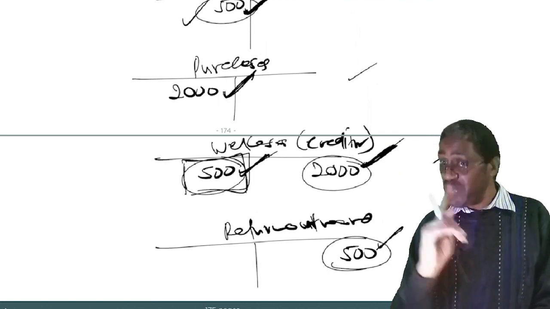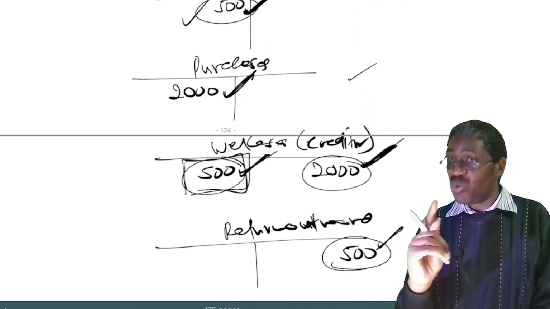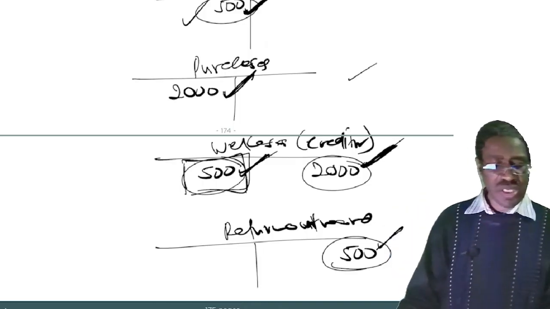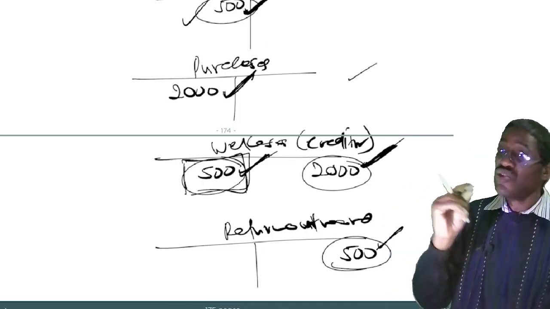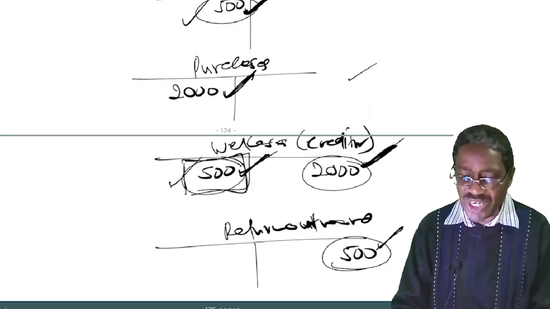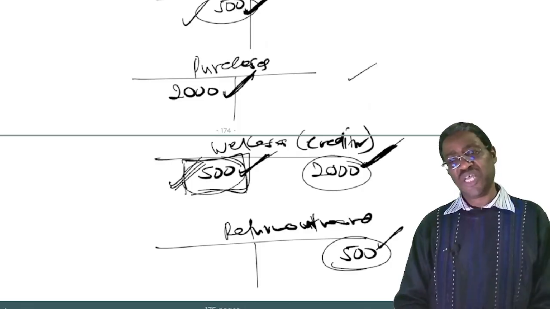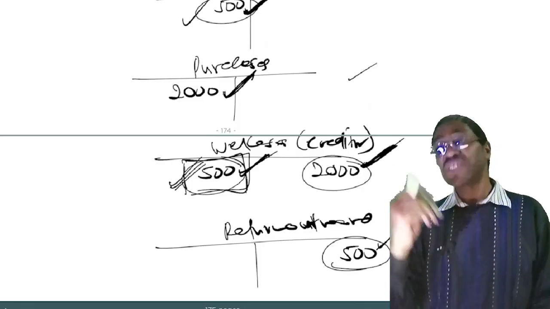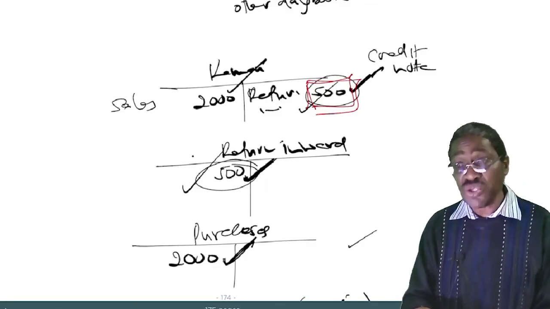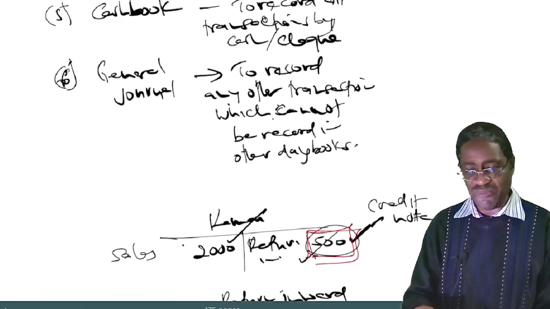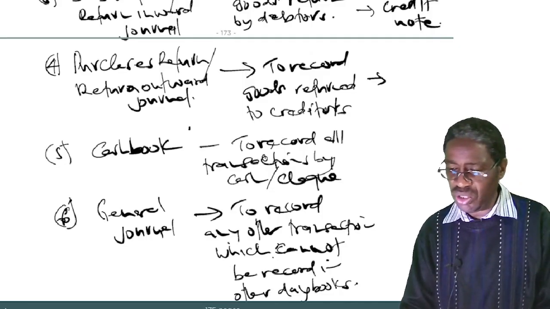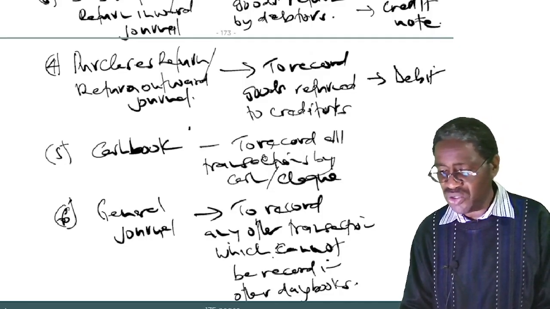Now, it means we shall receive what we call a debit note. This time we shall receive a debit note, so that you debit the account of Wekesa, you will receive a debit note from Wekesa. Okay? So the source document for number 4 is what we call the debit note.